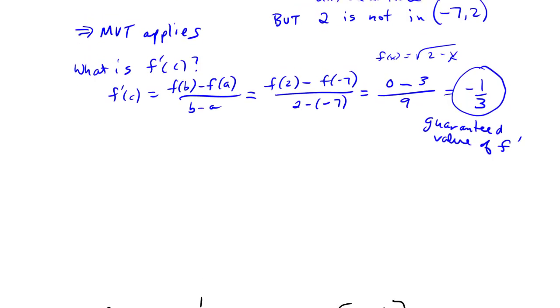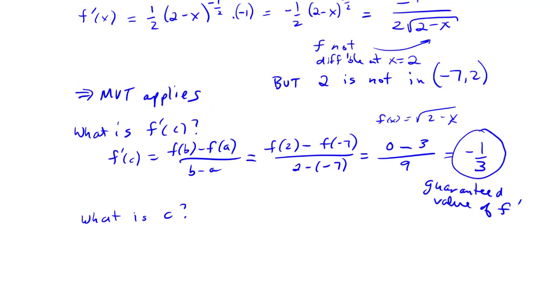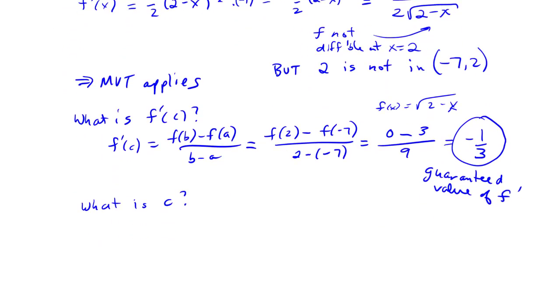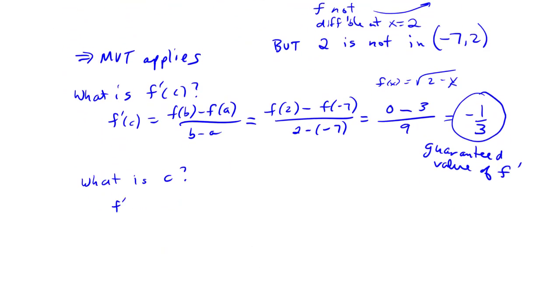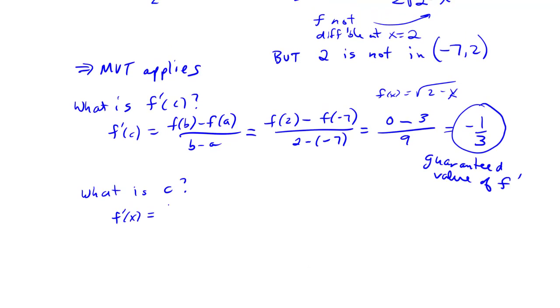So we've got to go a little further now. What is c? Well, we already calculated the derivative up above. We have that f prime of x is -1 over 2 times the square root of 2 minus x.